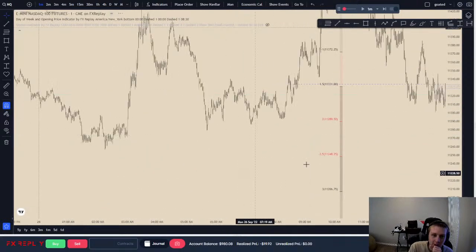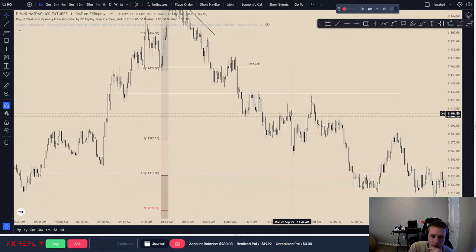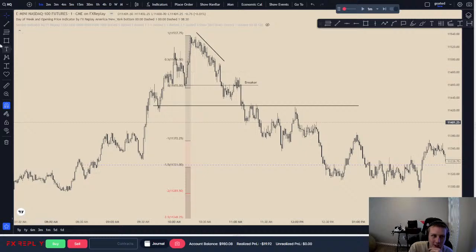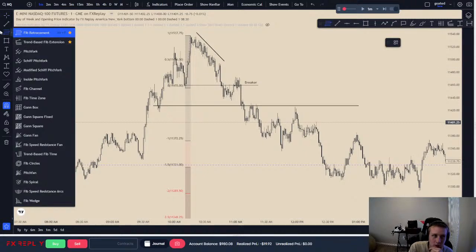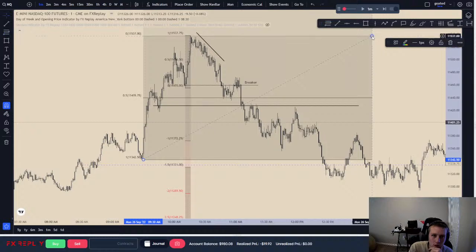I would have liked this sell model to complete. But ES did, so. This would be your low-hanging fruit objective here.